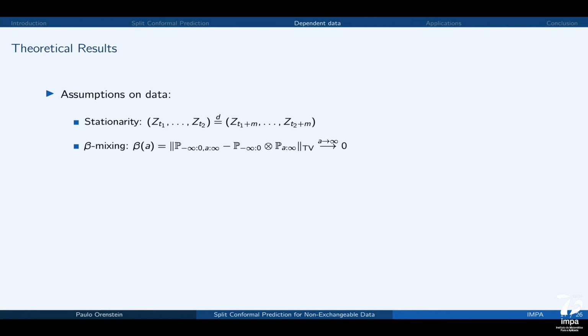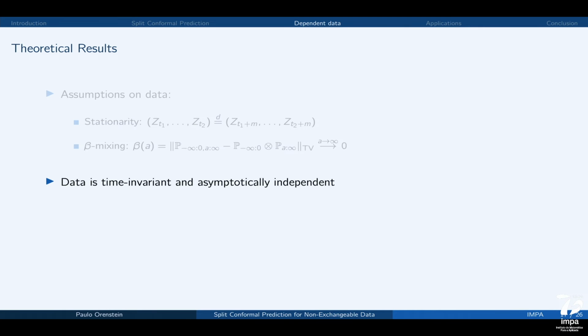I'm thinking of these things in terms of time, because the time series is a natural non-exchangeable thing to think about, but it works generally. It is beta mixing if this coefficient goes to 0 as a goes to infinity. If the blocks are further and further apart, things become independent. What this means is I'm asking my data to be time invariant and asymptotically independent, and beta mixing is the notion of asymptotic independence that I'm asking.